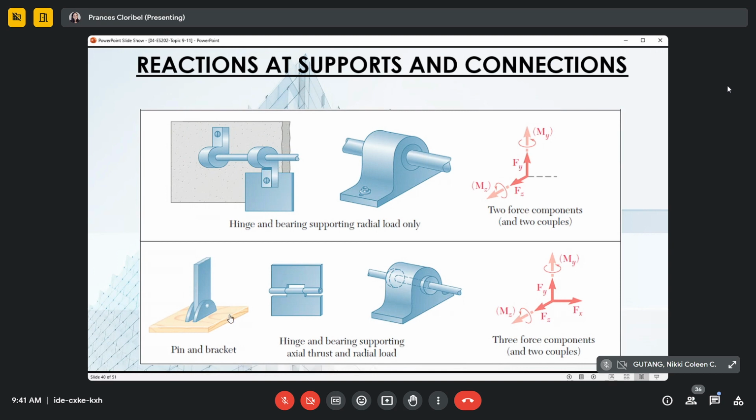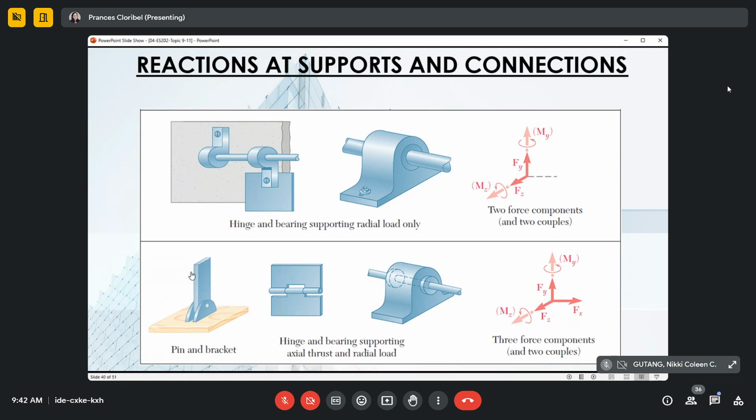So, in the pin and bracket, kana gilansangan, naa siya'y restriction. So, along X, Y, and Z, it cannot move. But along the Z-axis diri, it can freely rotate. Pero kung tuyukon na si pin and bracket, mo free siya to rotate along the Z-axis, no?